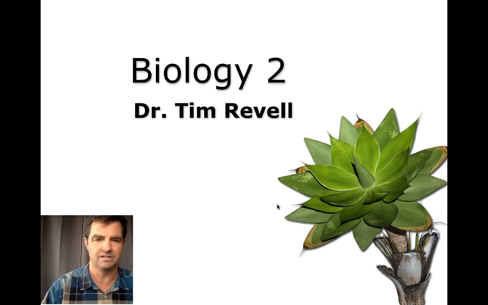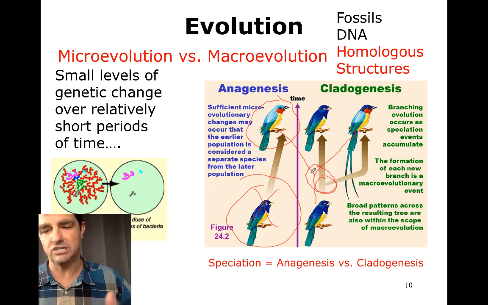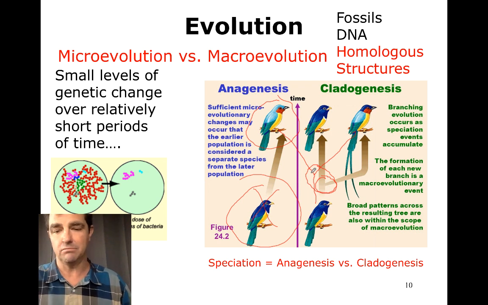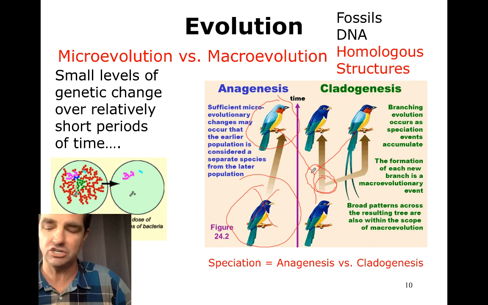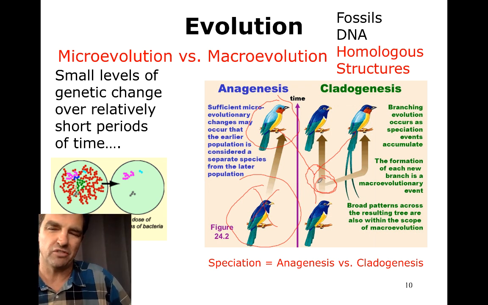Something happened there, an evolutionary event, which led to that one species over time now becoming two. That's called speciation. In both cases, you're getting speciation in the sense that something changes over time. But to get a branch, we really want this kind of cladogenesis for our explanation, at least.